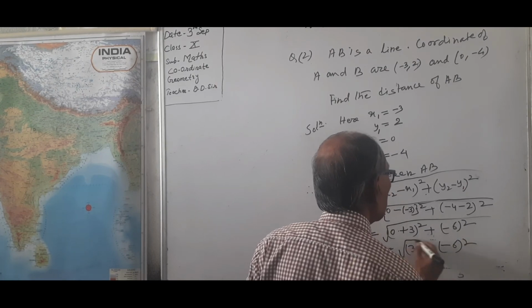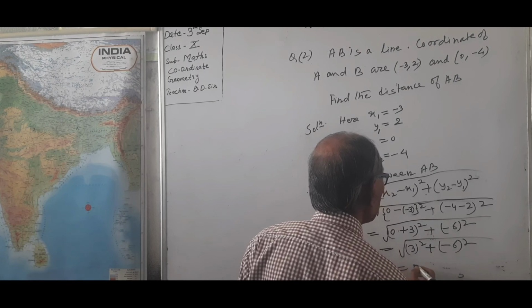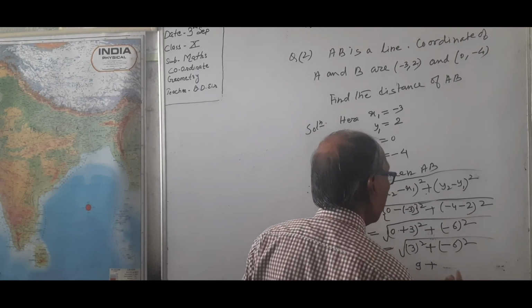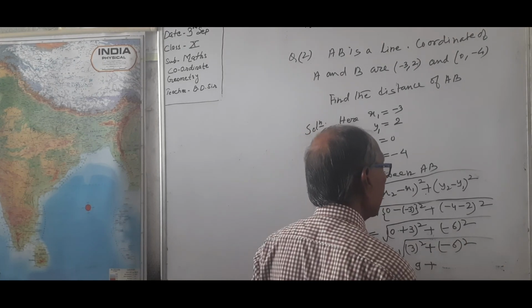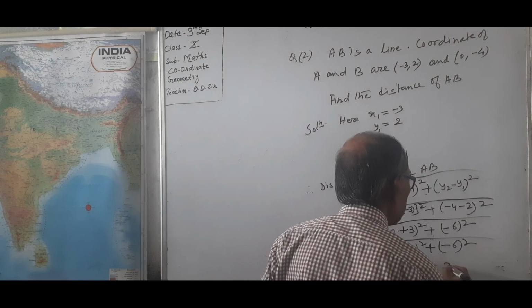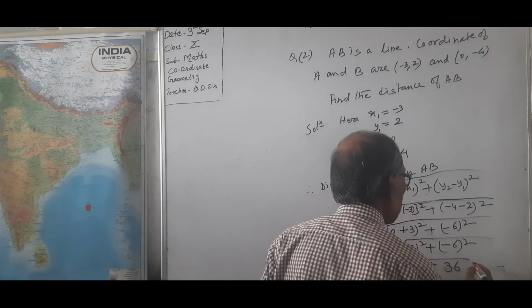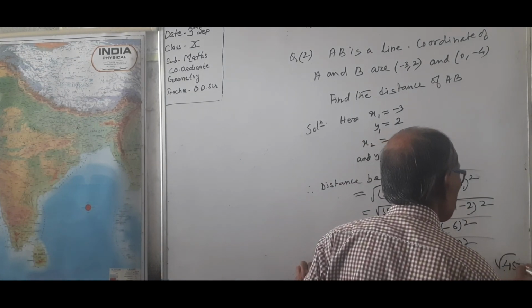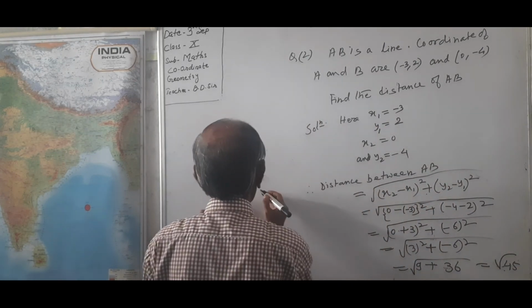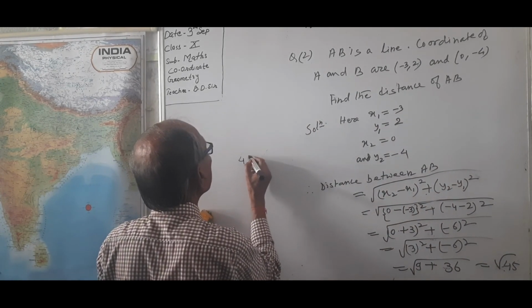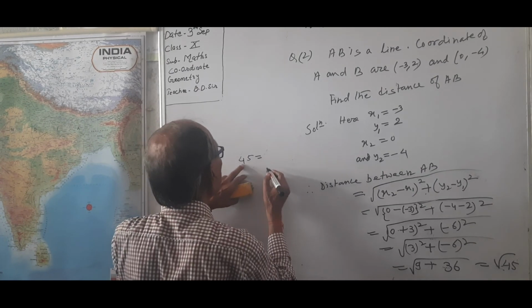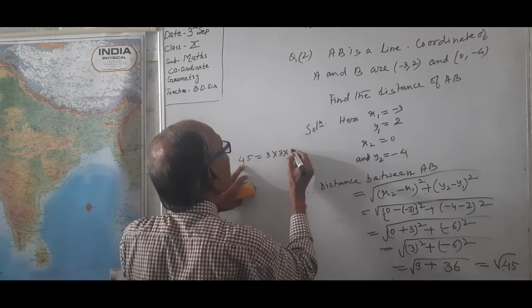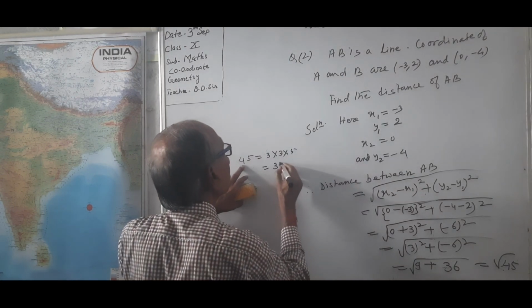So it will be equal to 9 plus, -6 into -6, minus into minus is equal to plus, 36 under root, is equal to under root 45.